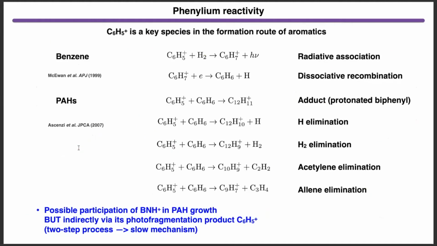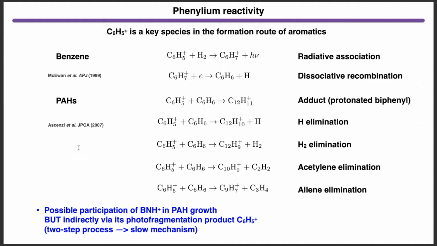What is interesting is that this C6H5+ is known to be a key species in the formation routes of aromatics. In the case of benzene, you get this radiative association with H2 followed by dissociative recombination to form neutral benzene. And there are also ion-neutral reactions, experimental results, showing that you can really build up a lot of different PAHs with this bottom-up approach.